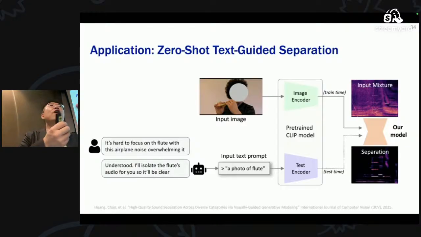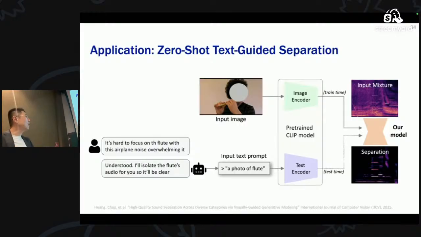You can pursue even fine-grained separation, say two people are playing the violin at the same time, and you want to separate the violin sound of each individual person. That is an even harder task. But here, we didn't do that. You simply get a semantic meaning from the image, and this separation network just uses that to separate the sound.